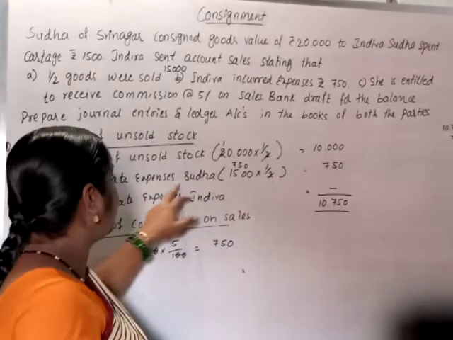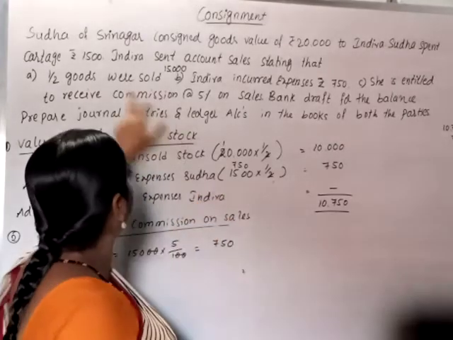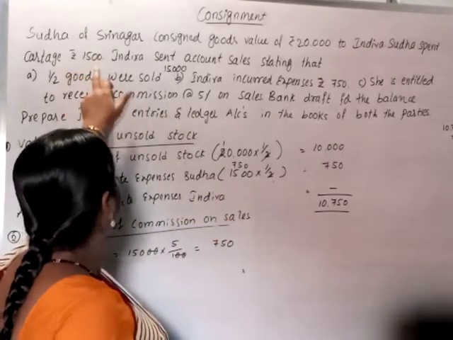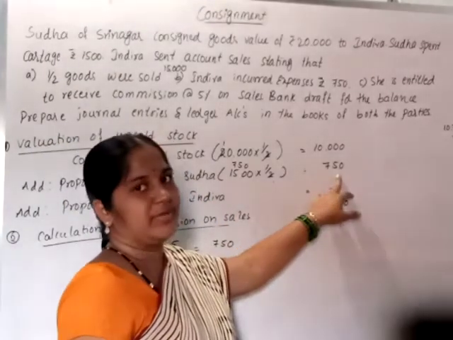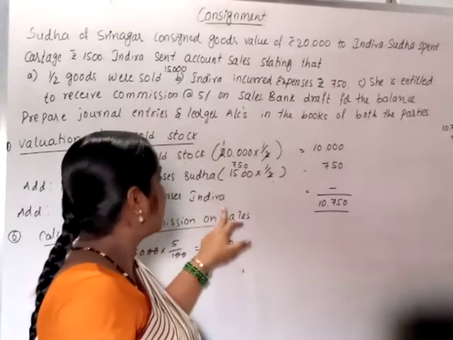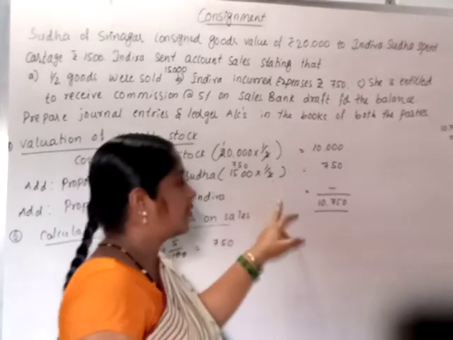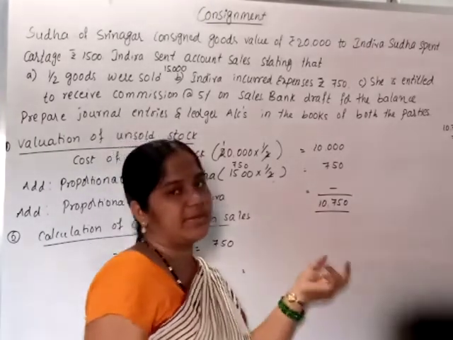And the proportionate expenditure of the consignor, here Sudha only. So all the expenditure we have to take. Cartage paid 1500 into the unsold proportion, 750 rupees you will get. And add the proportionate expenditure of the consignee, here Indira only. In this problem, there is no non-recurring expenditure of the consignee because the purpose is not mentioned.